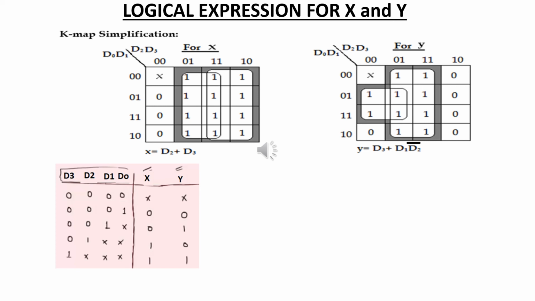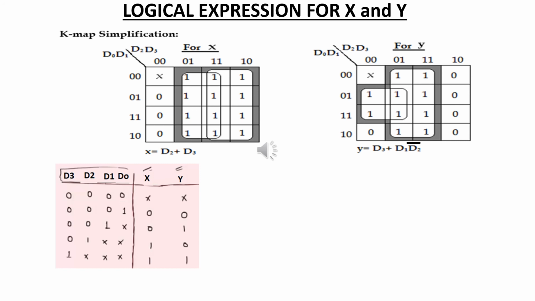Look at the K-map: D2 is 1 for the last two columns, that is the third column and the fourth column, and our X value is 1. So replace the third and fourth column values by the binary value 1. The last case is D3 equal to 1. D3 is 1 for the second and third columns, so replace the second and third columns of our K-map by the binary value 1.